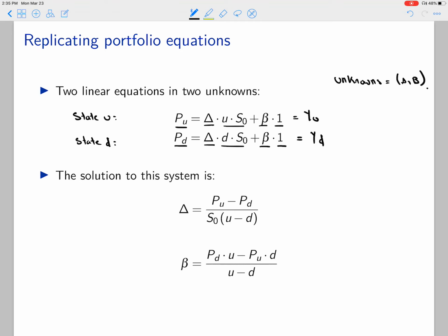If there is no arbitrage, like we showed in the last lecture, then this system has a unique solution. The solution is given in the slide in the bottom portion.